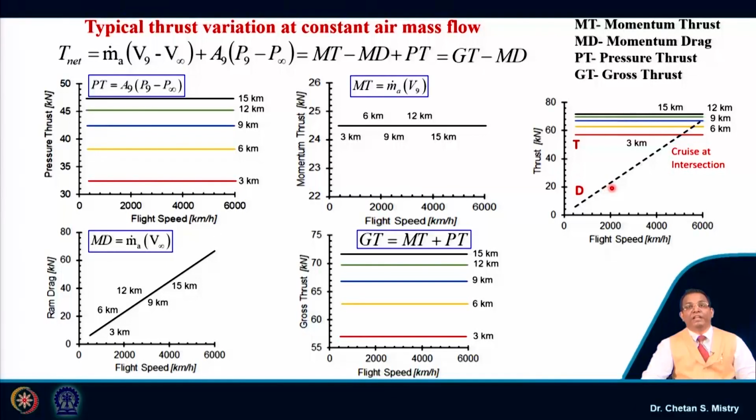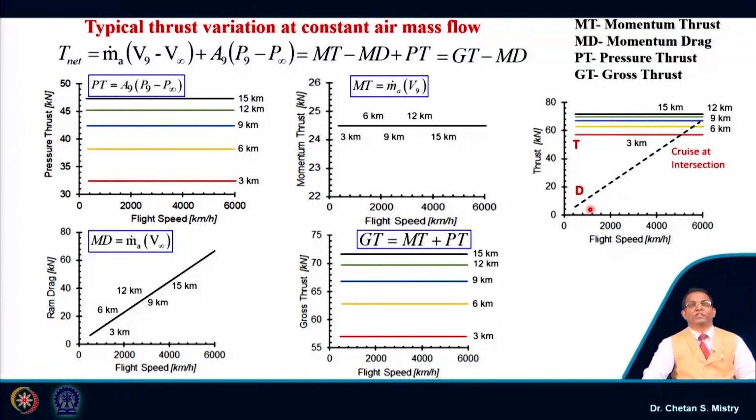Once we increase our flight speed, we reach the situation where my thrust and my drag become nearly equal, and that is what we call the cruise condition. This also depends on the different altitudes we have. So, the magnitude of the thrust will vary with the change of my altitude.